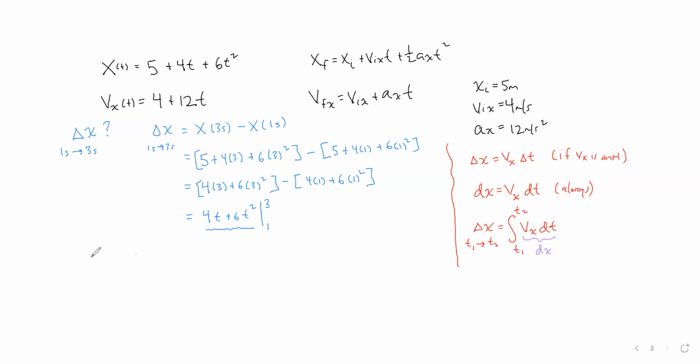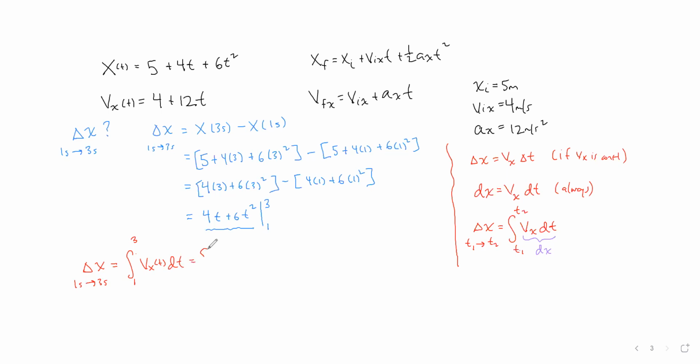Okay, so the displacement between 1 second and 3 seconds should be the integral of the velocity function, which I'll remind you is a function of time, with respect to time from 1 second to 3 seconds.